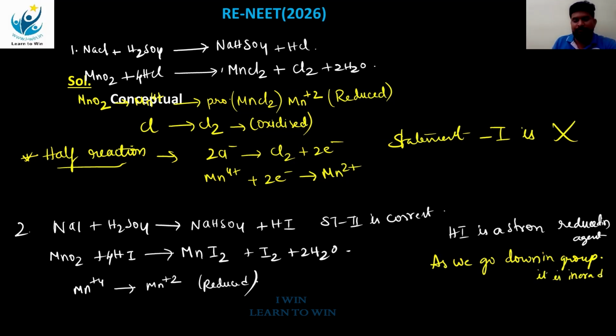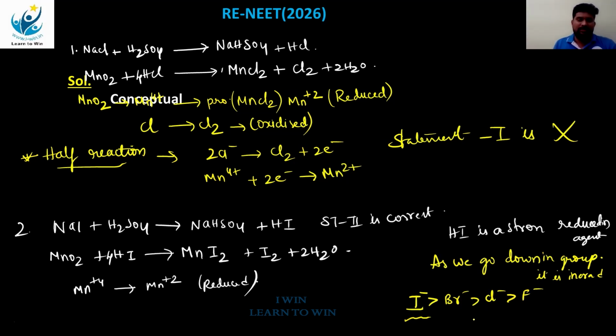So I minus is the strongest reducing agent, then comes Br, then Cl, and then F minus. So it is a strong reducing reagent. Now you are clear.